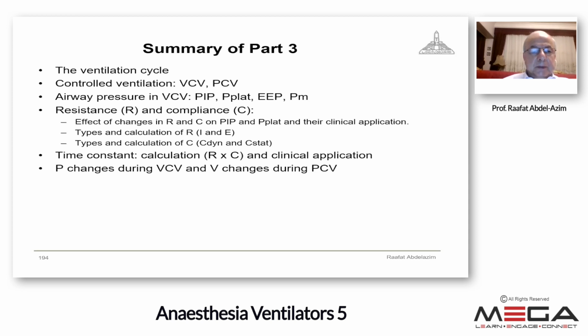And in part 3, we know now the ventilation cycle, the components of the ventilation cycle, and what controlled ventilation is for anesthesia ventilators, because in ICU ventilators we have a lot of modes that are beyond the scope of our lectures. We are talking only about anesthesia ventilators. For anesthesia, patients should be paralyzed, and if we control the ventilation, it should be controlled either by volume or pressure.